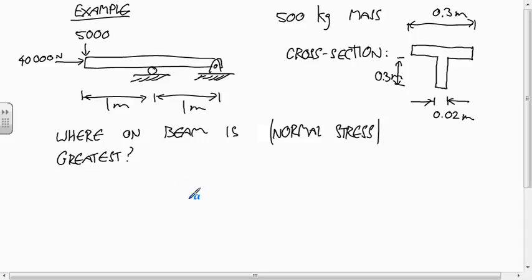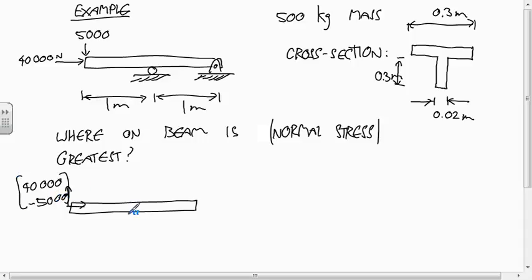So we're going to have two cuts. We have this 40,000, negative 5,000. We have an upward force of 14,905.